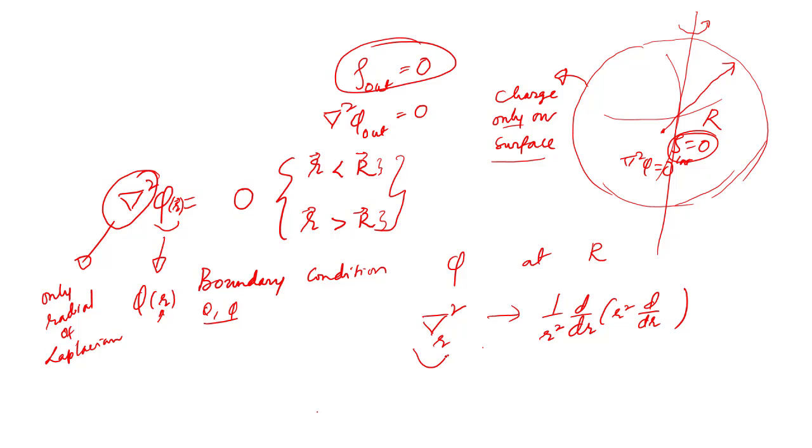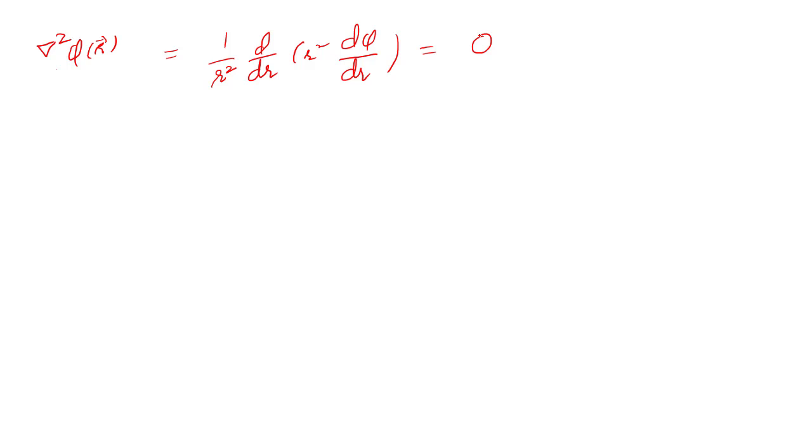So then we can expand this del square phi of r, and because we have only the r component, this would simply be 1 over r square d by dr, r square d phi by dr. And we know that this is equal to 0 because there is no charge inside or outside the sphere.